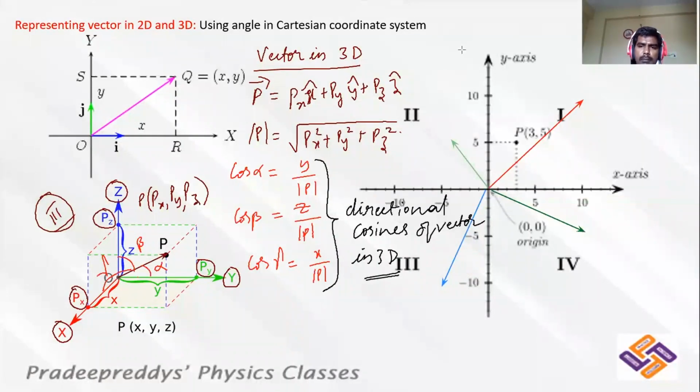Students, I have represented 4 different vectors with 4 different colors in this Cartesian coordinate system, in the first quadrant, second quadrant, third quadrant and fourth quadrant. Now I want to represent those vectors. Let me consider this as a bar, and this end point is 10, 10.